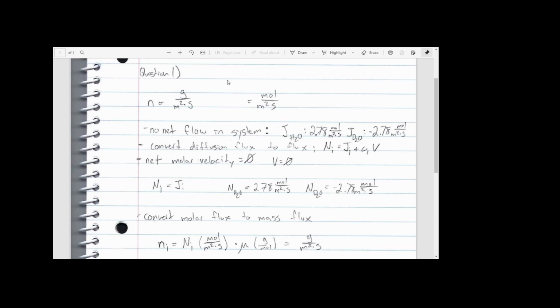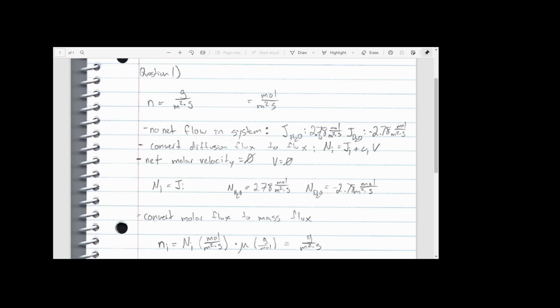When the problem dictates that the maximum molar diffusion flux corresponding with the overall mass flux is 2.78 moles per meter squared second, this means that each component is diffusing into one another with that diffusive rate. The overall diffusion flux will be zero.